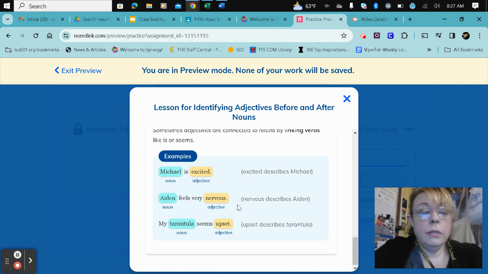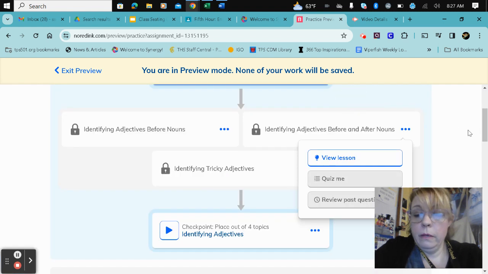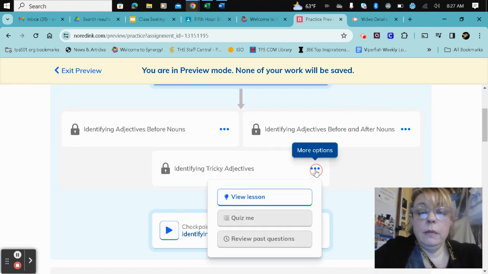Nervous is the adjective, and it's describing Aiden because it's linking to Aiden. My tarantula seems upset. Upset is the adjective, and that's linked to tarantula. All right. Identifying tricky adjectives right here.